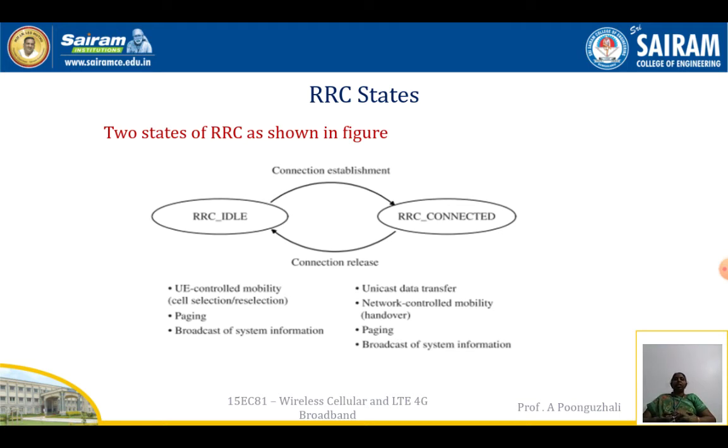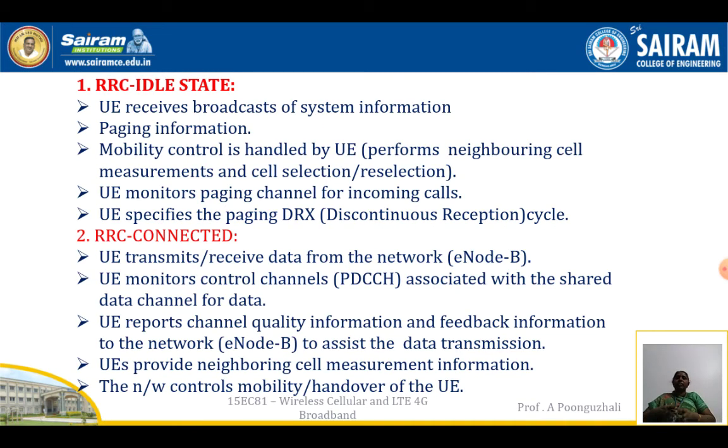When RRC is in the connected state, the connection is established; the user equipment is connected to the cell. So here it is going to have unicast data transfer. Network-controlled mobility means that handover is going to be done from one cell to another cell. Paging and broadcasting of system information will also be done when the user equipment is connected to the cell.